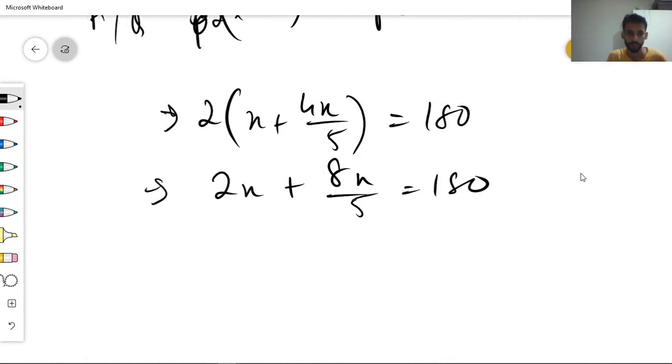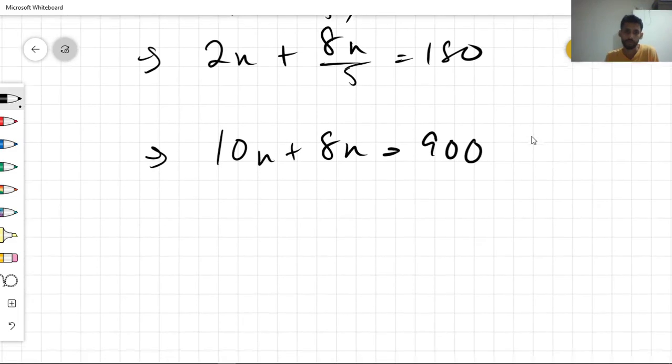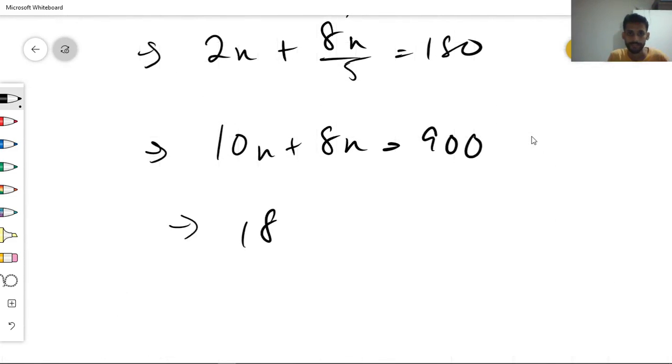The 2 is multiplied on both terms. So now we will multiply everything with 5. So 10x plus 8x is equal to 900. Okay, so it will be 18x is equal to 900.